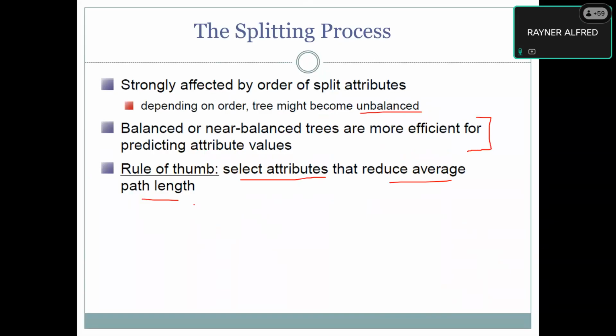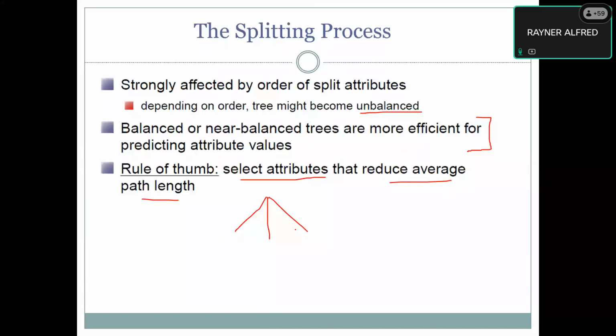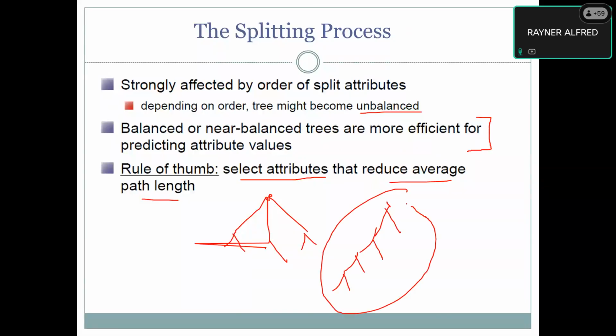That means we go one by one, for example like this, and then you split them level by level. You don't go down one area and then expand, because this makes your tree unbalanced.